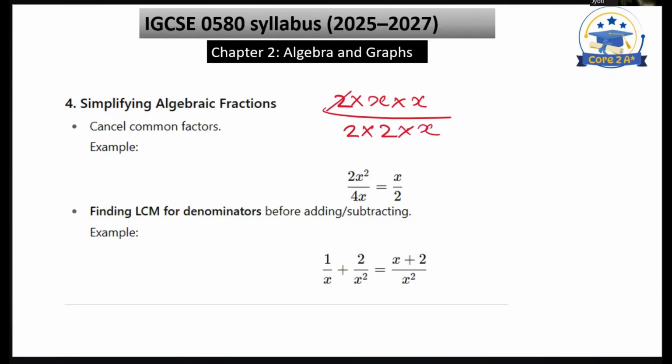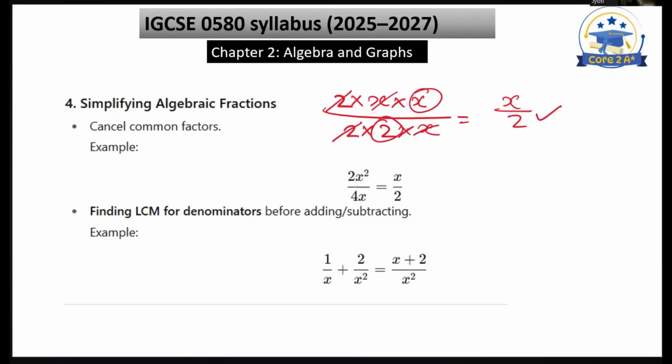Okay. Now cancel this x by this x. Now what is left? x and 2. So x over 2. This is your answer. That's how we simplify the algebraic expression.